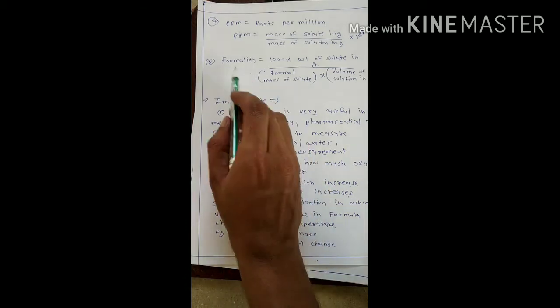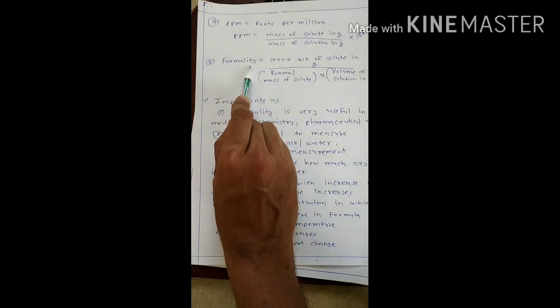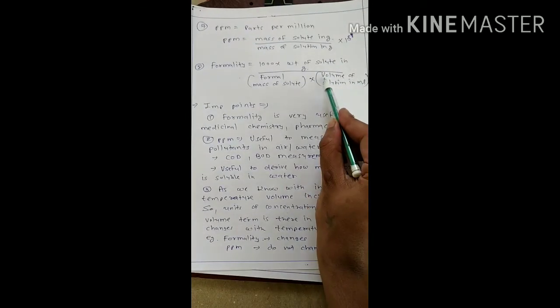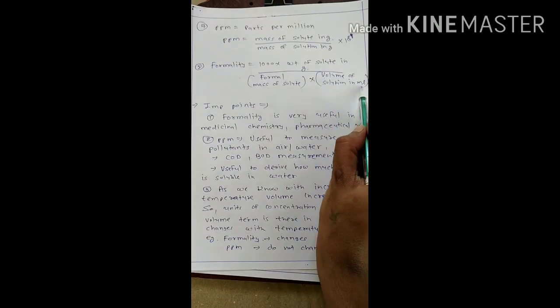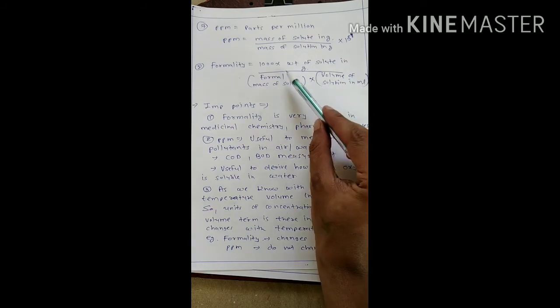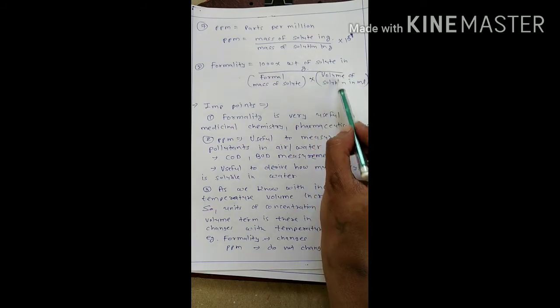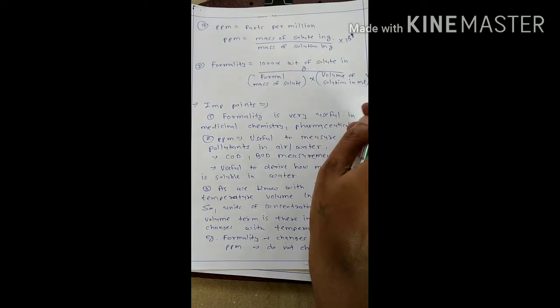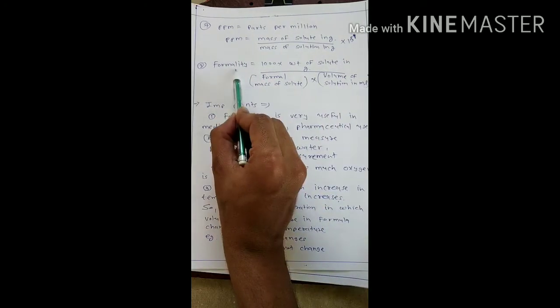Like I am taking formality as an example. It has a volume term, volume of solution in ml. So if I change the temperature of that solution, this volume will change. So ultimately formality will change.